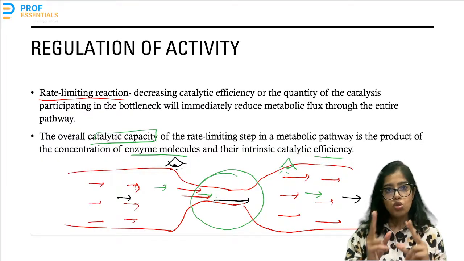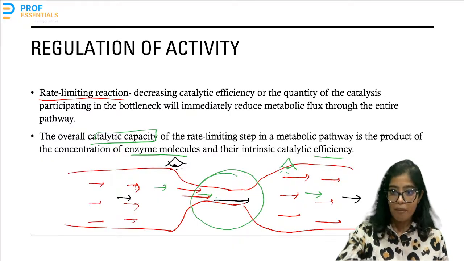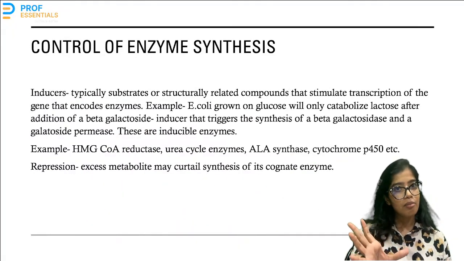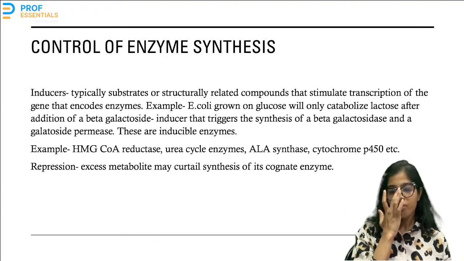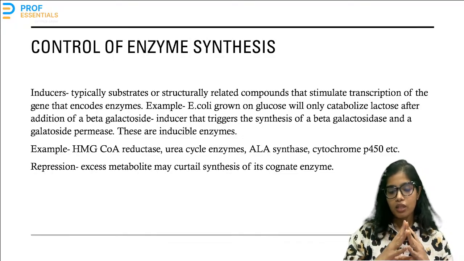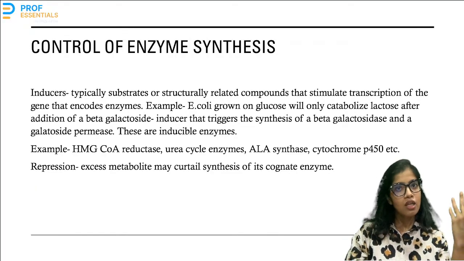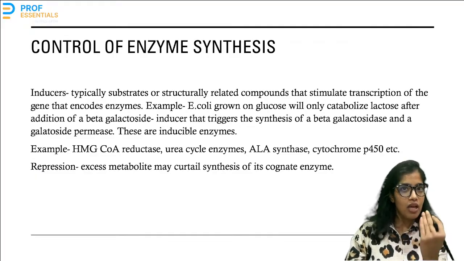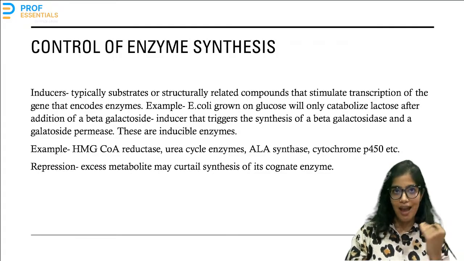Okay, so these two factors determine the overall catalytic capacity of the reaction. And if they determine the overall catalytic capacity, then these can be targeted to control the enzyme reaction. So if you want to bring about a change in the enzyme catalyzed reaction, you have to target the rate limiting step, that is the bottleneck of the reaction where the enzyme is acting.